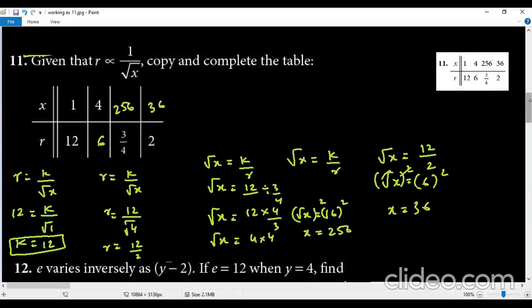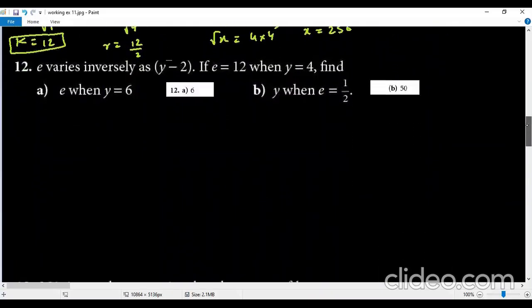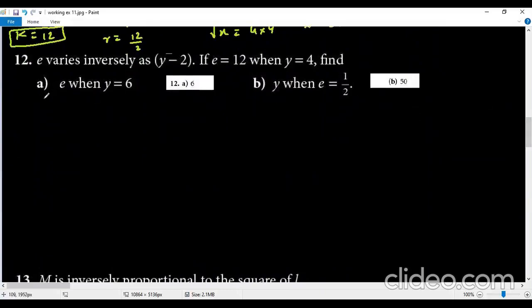Moving on to the next one. This can be tricky, so be very careful with this question. E varies inversely. That means k over y minus 2. Now in the question itself it says E is 12 and the value of y is 4. That means 4 minus 2. That means 12 equals k over 2.